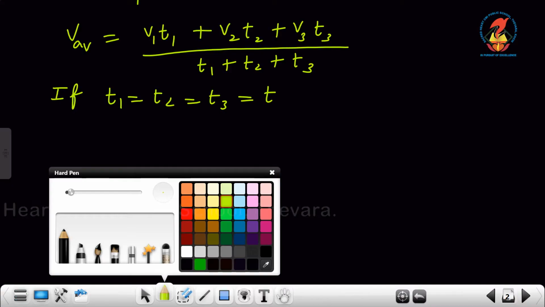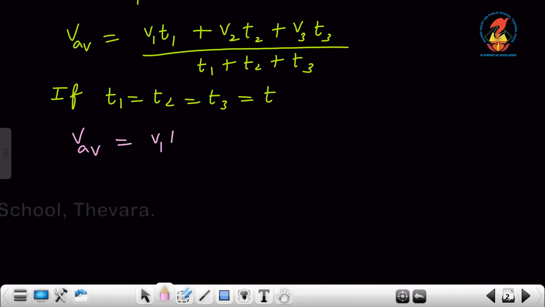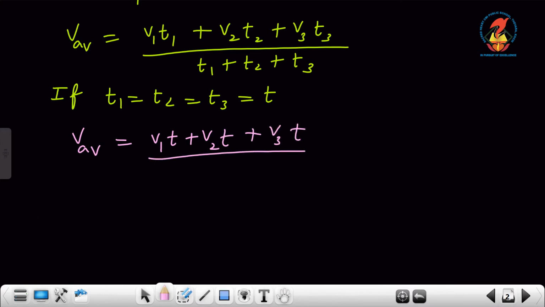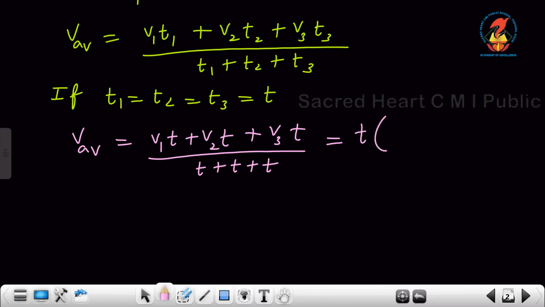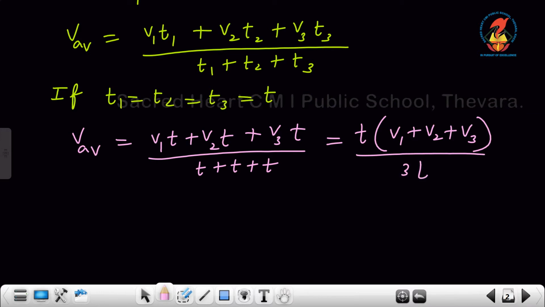I can write like this: V average is equal to V1T plus V2T plus V3T divided by T plus T plus T. From the numerator I can take T outside, so T into (V1 plus V2 plus V3) divided by 3T.